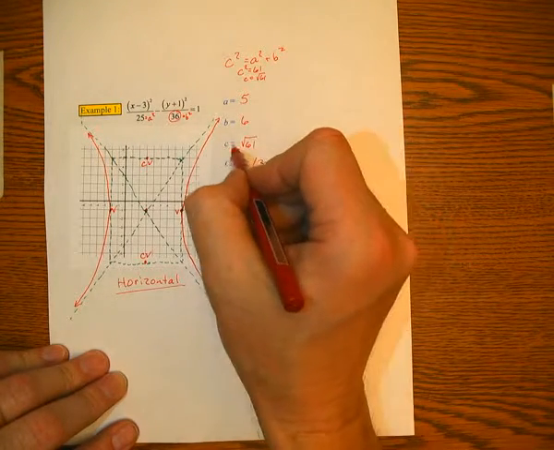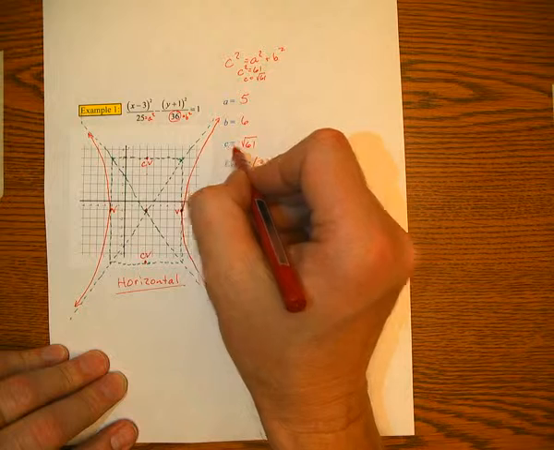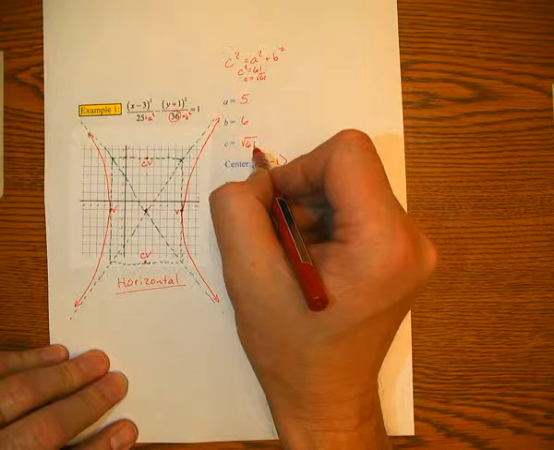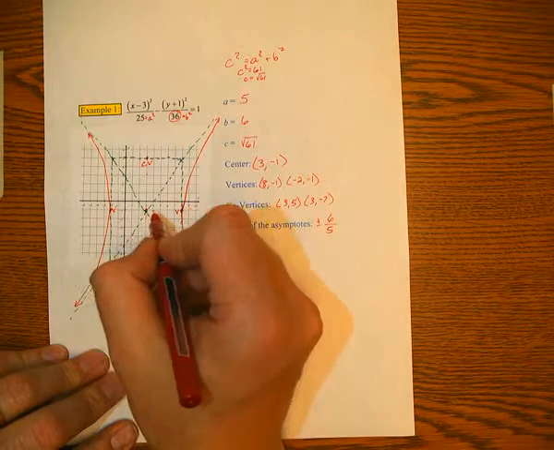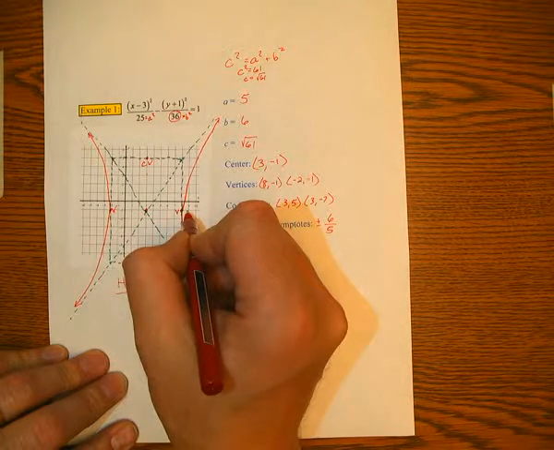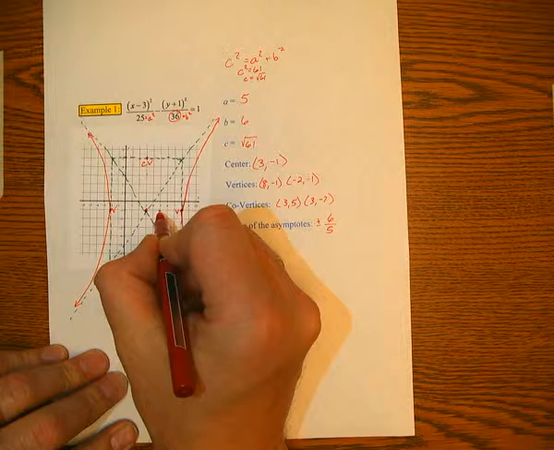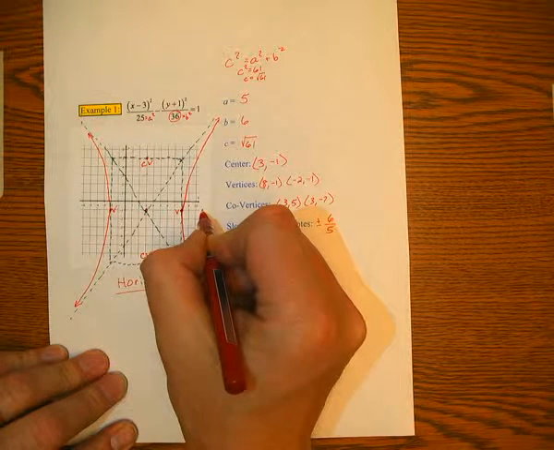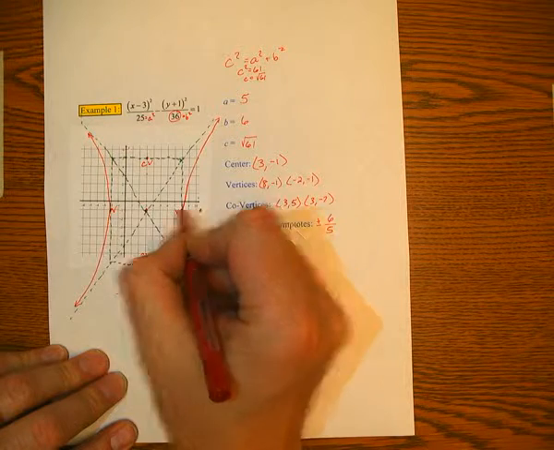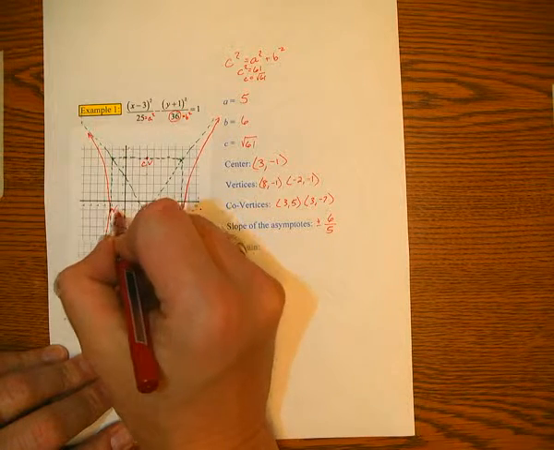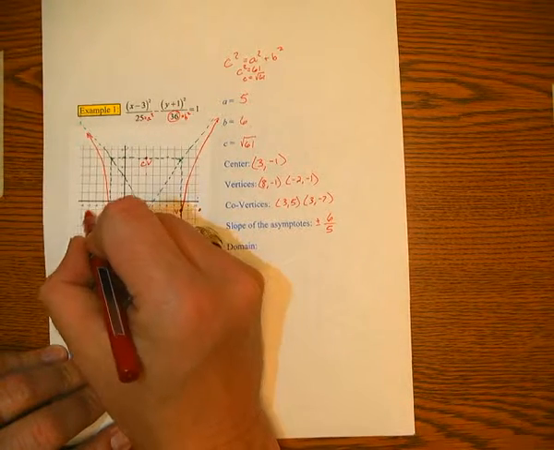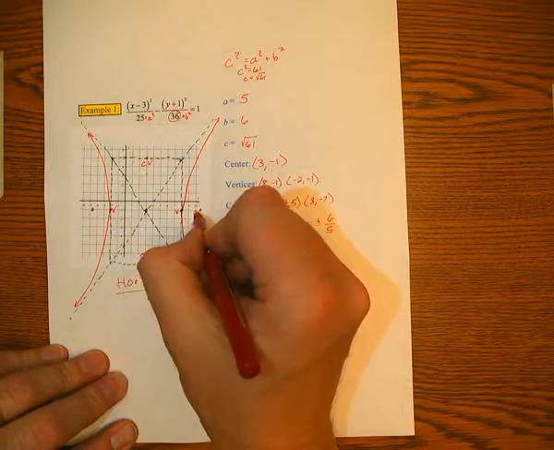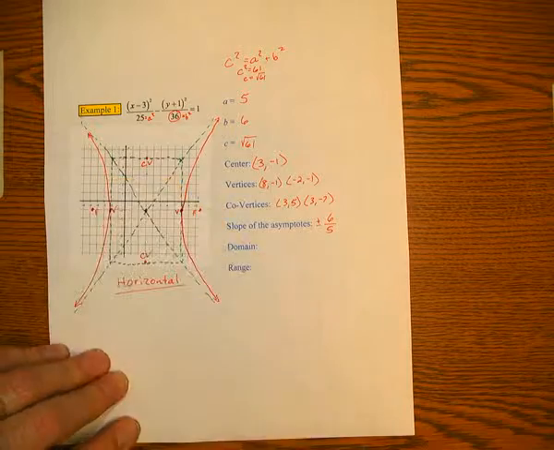And your foci you get from your c values, square root of 61. That's just a little bit less than 8. And we said the foci are always located inside the curves. So 1, 2, 3, 4, 5, 6, 7, 8. So somewhere around here. 1, 2, 3, 4, 5, 6, 7, 8. So somewhere around over here. That's where your foci are going to be located.